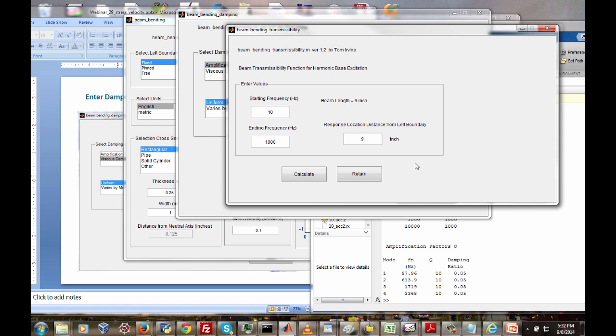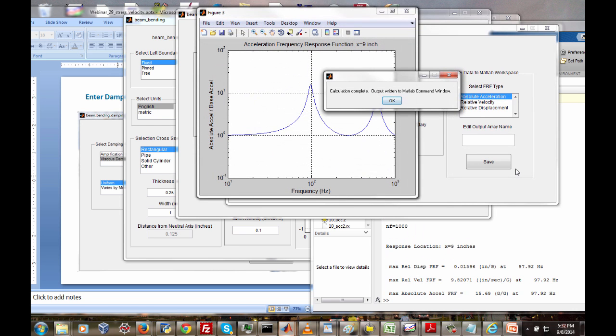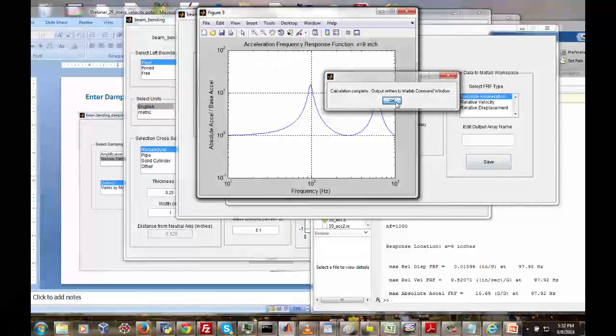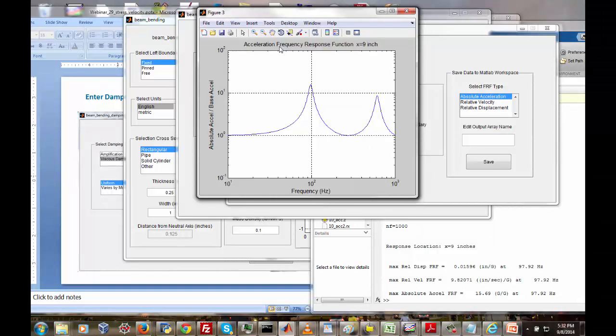That's the length from the left boundary, which is the fixed boundary. So let's calculate our transmissibility functions here. So acceleration frequency response function for x is equal to 9 inches. So this is the absolute acceleration divided by the base acceleration. In other words, g out divided by g in versus frequency in hertz. And you can clearly see the fundamental mode there.